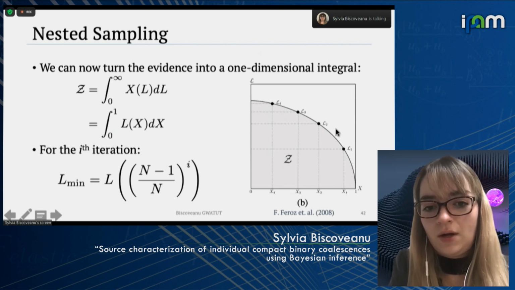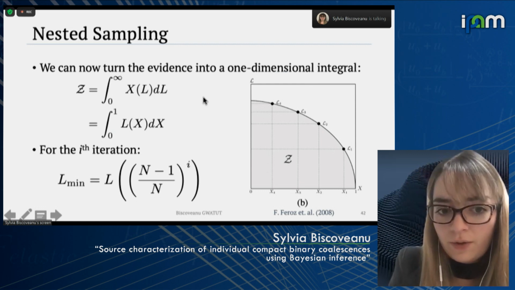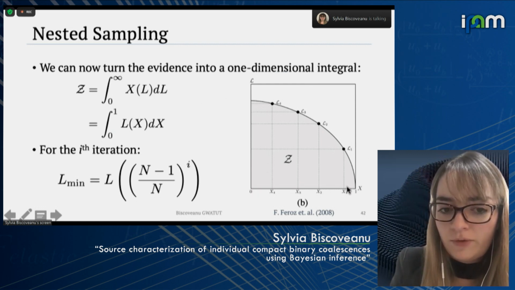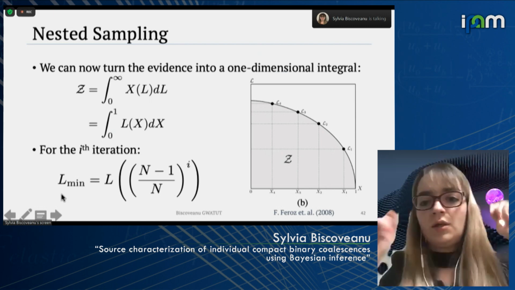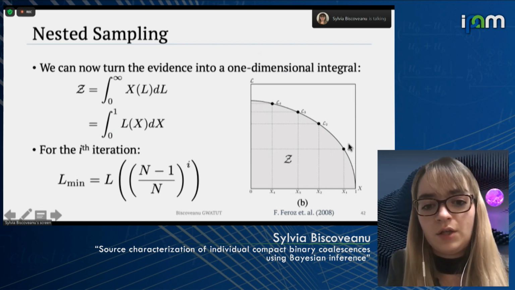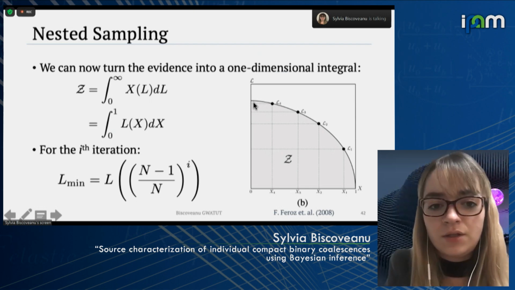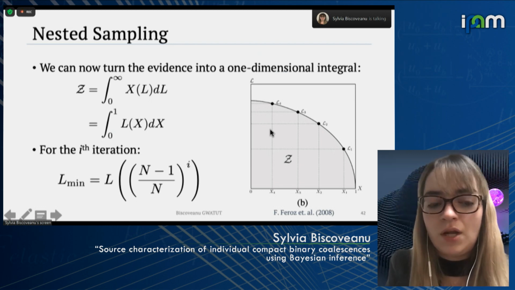So this is how we are able to build this one-dimensional integral for Z as a function of the prior volume. Basically, you keep going, and at each iteration, you go towards higher parts of the likelihood until eventually you reach your termination criterion.